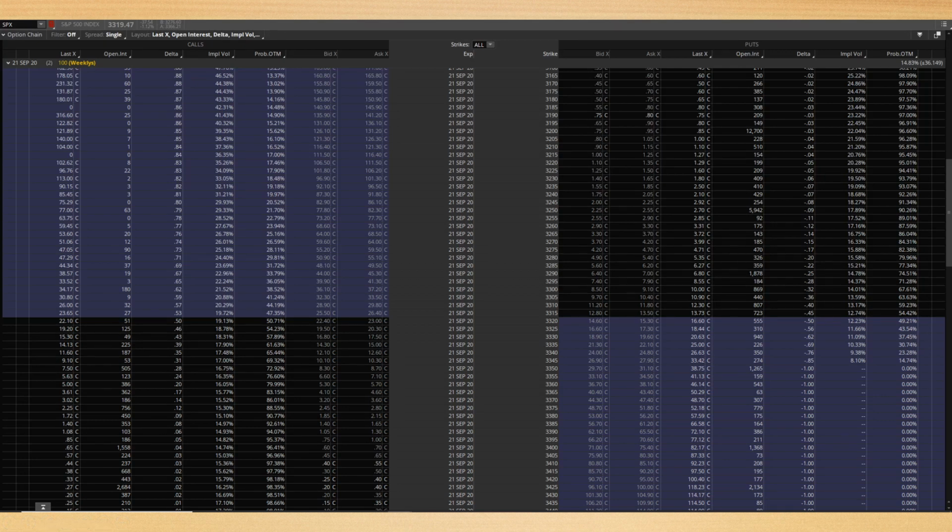The next section here is your bid and your ask. The bid and the ask are the same as for stocks. Bid is, hey, there's people here wanting to buy it at this price, and there's people here wanting to sell it at this price.